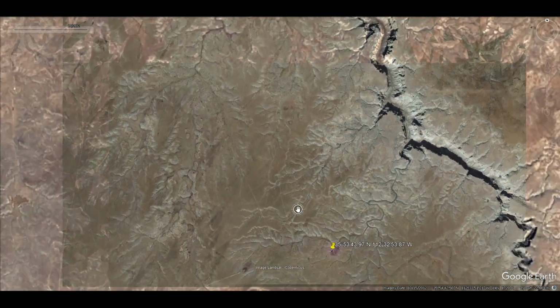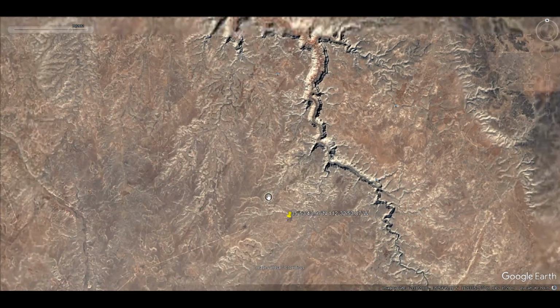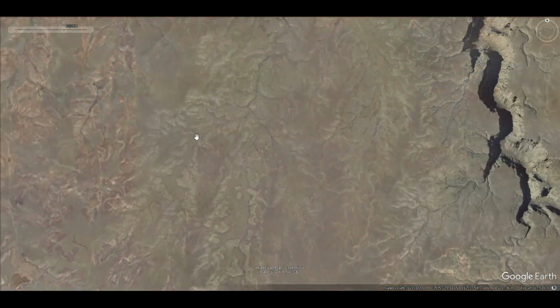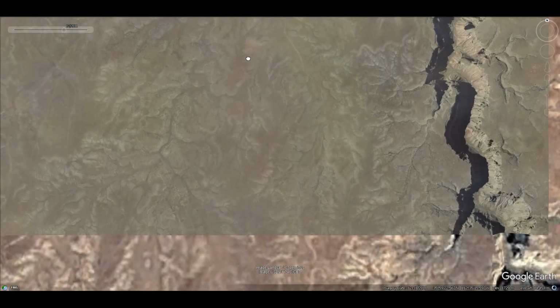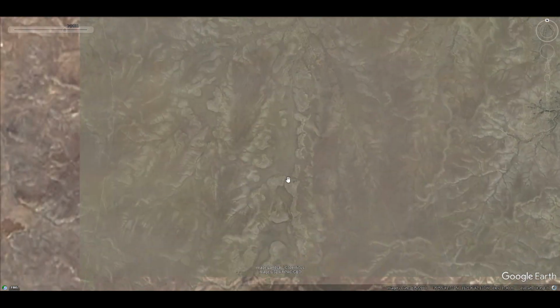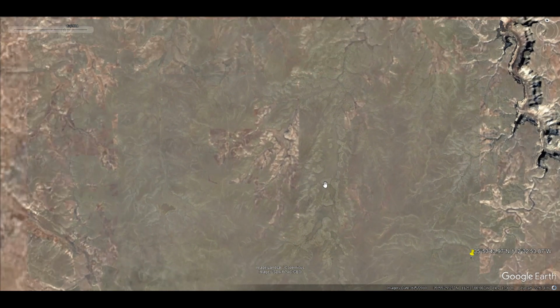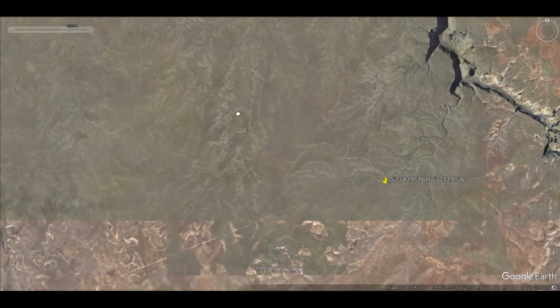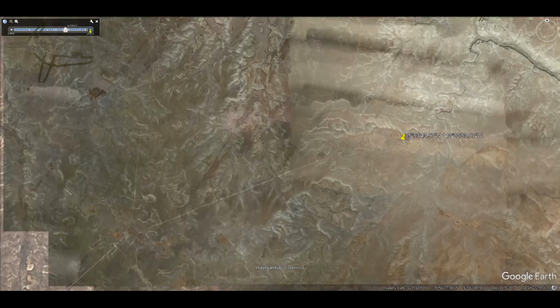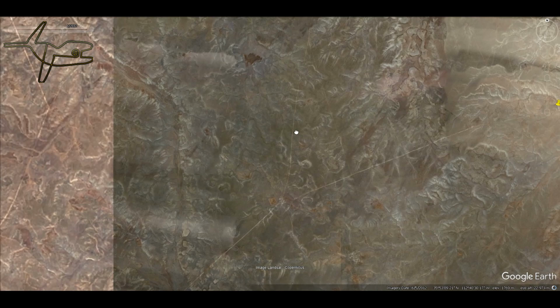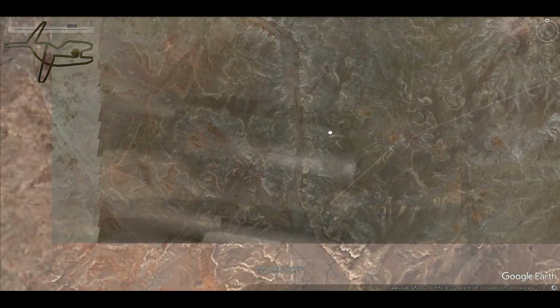We have to be patient because the closer we get to the terrain, the more images disappear from the timeline. I don't understand why it's done that way. We are finally in the right place.